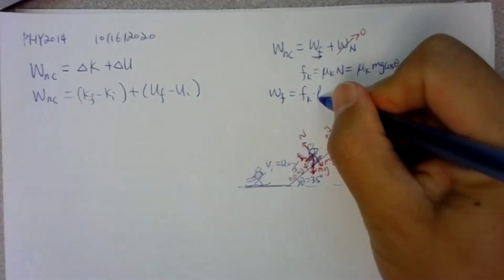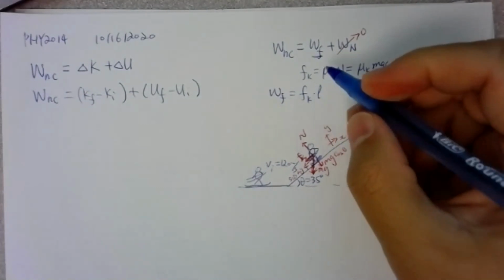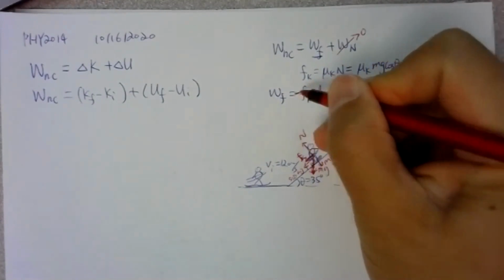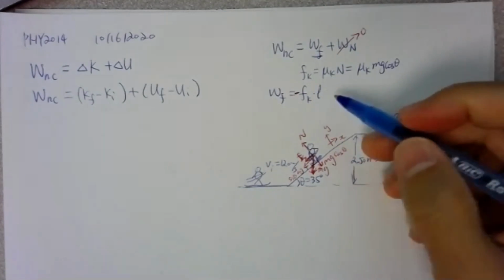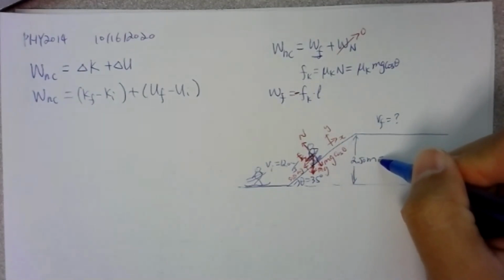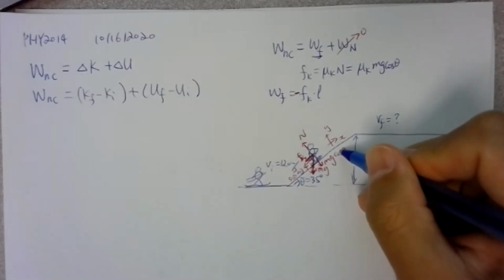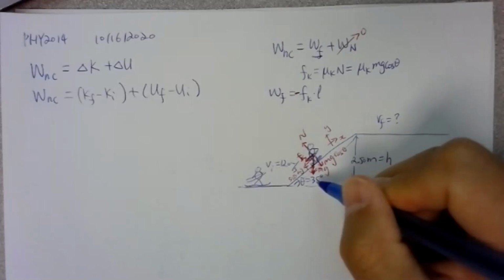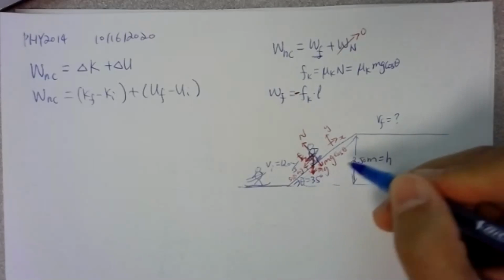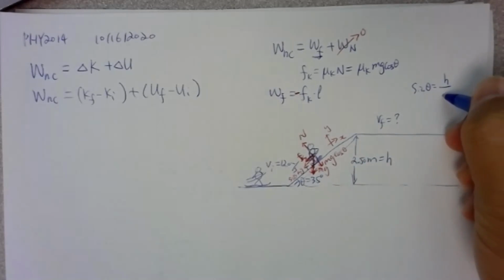Let me call the length of the slope L. Because F and L are in opposite directions, there's a negative sign in front, so that equals negative F_k times L. L is this length over here, the hypotenuse, and this is H, and this angle is 35 degrees. So sine of theta is going to be H over L.